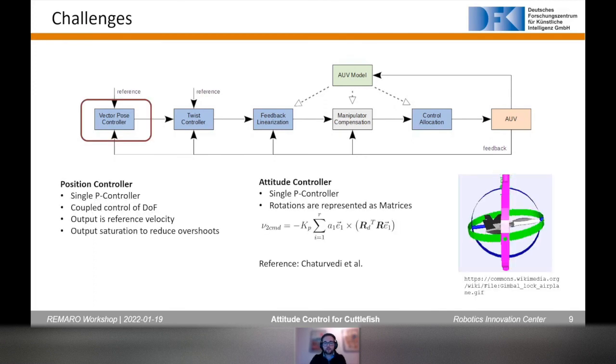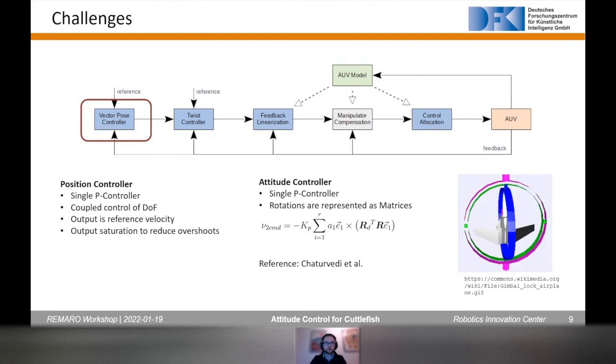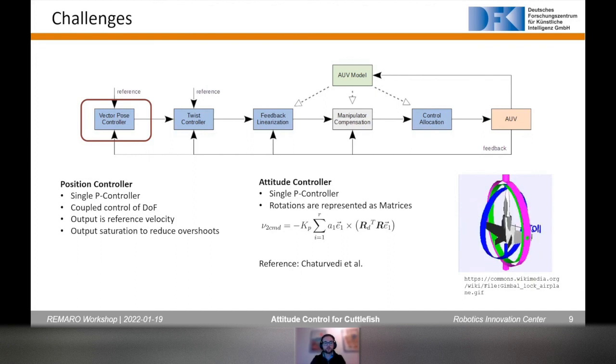Okay, so the controllers themselves are really quite simple. The position controller, or the pose controller, consists of a position part and an attitude part. On the position part, we have a single P controller for the 3 degrees of freedom. That means the 3 degrees of freedom are controlled in a coupled manner.